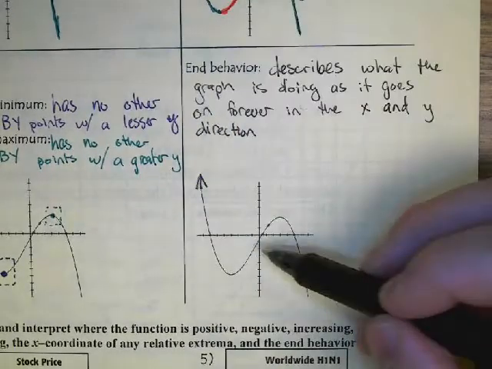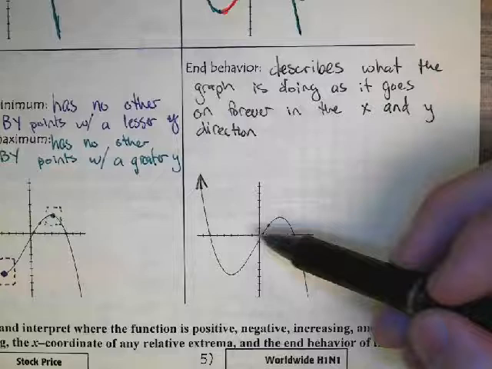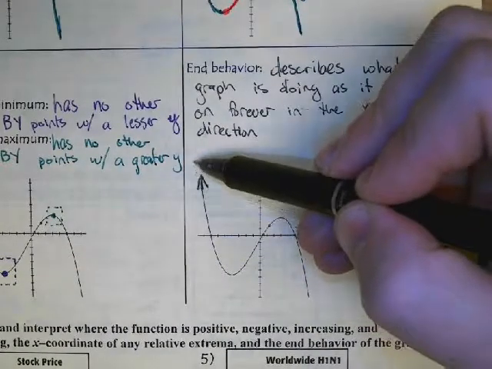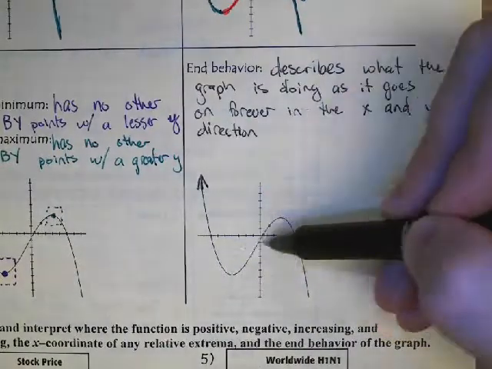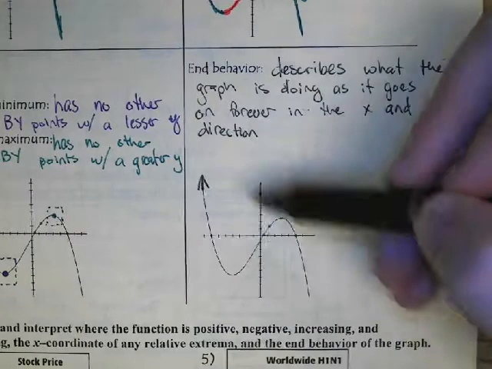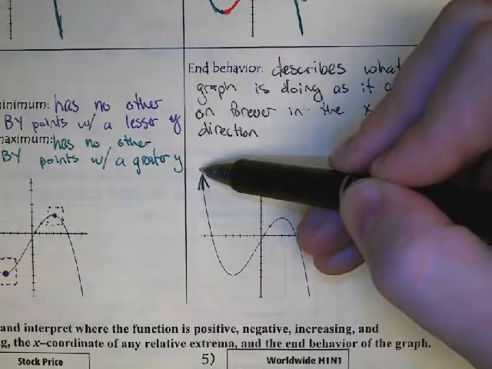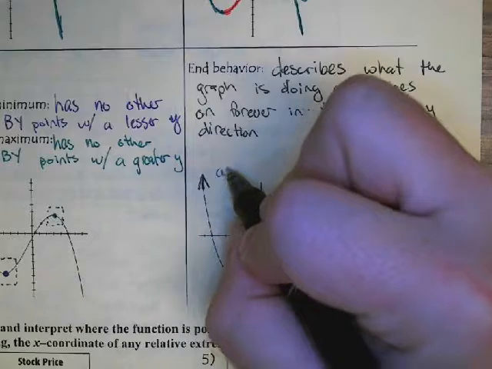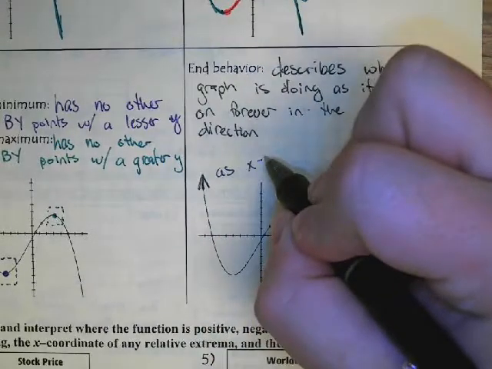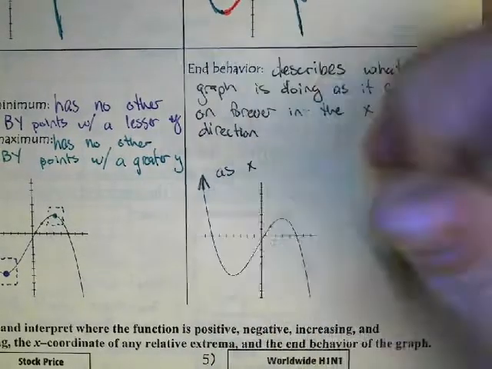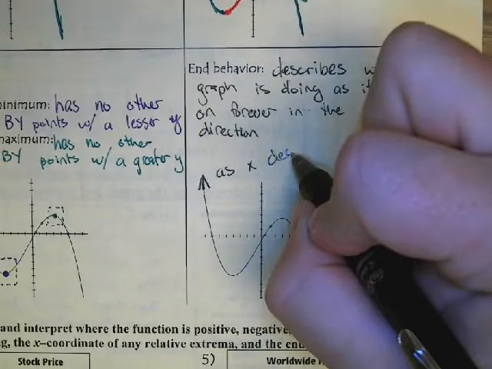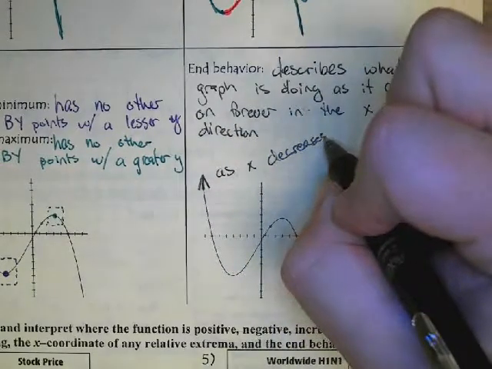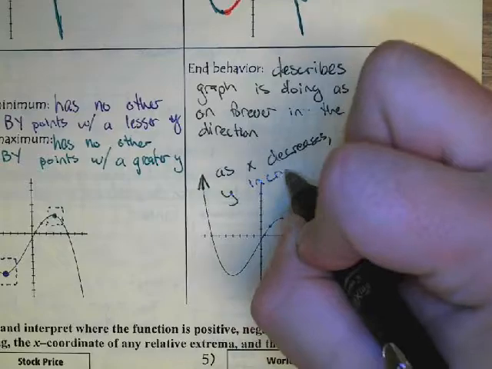So as this graph goes on forever, we can think of it that my x values are getting less and less and less, but as my x values decrease, what's happening to my y values? So as x decreases, y increases.